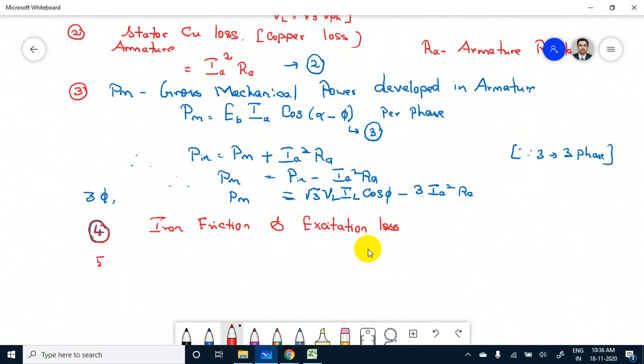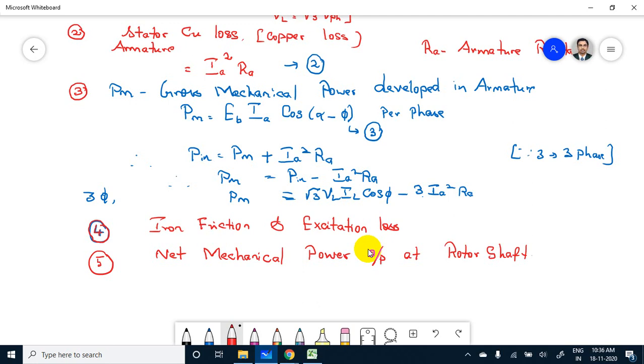And fifth stage, we are going to find a final net mechanical power, because we are talking about motor means it converts electrical into mechanical. Net mechanical power output, where we are going to measure the net mechanical power output at rotor shaft. The notation is P out.